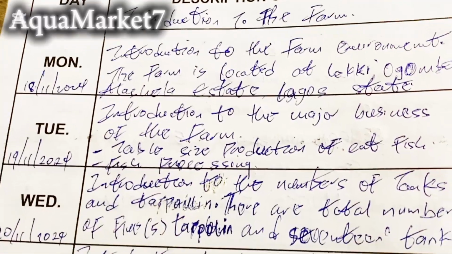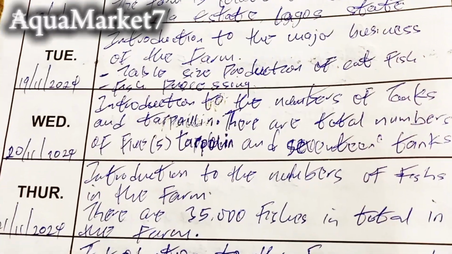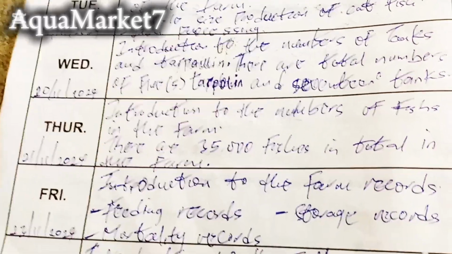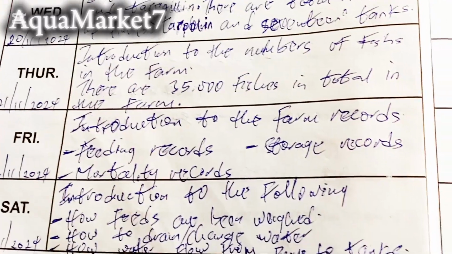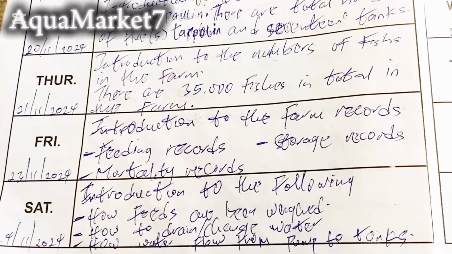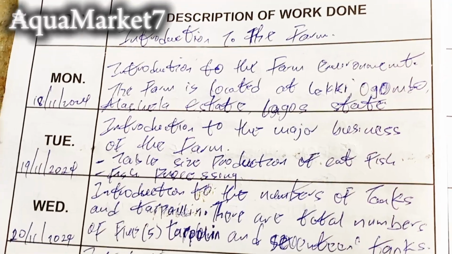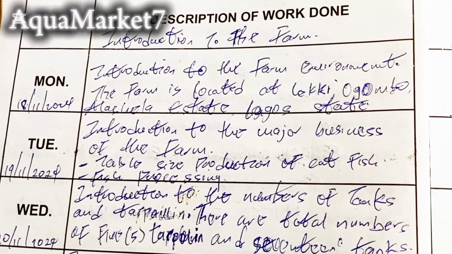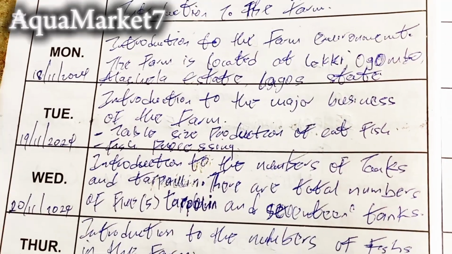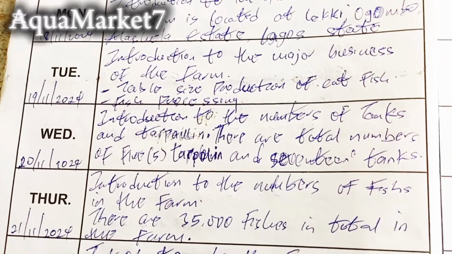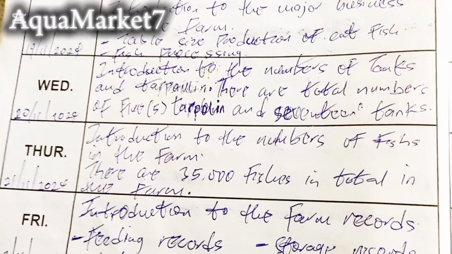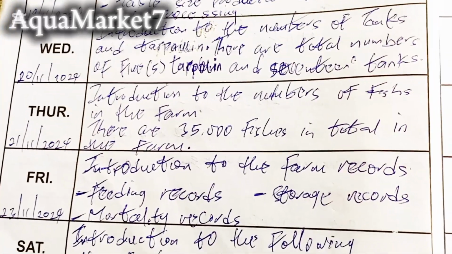For example, if you are doing your IT at a fish farming firm, or at a manufacturing firm, banking firm, try to point out the type of industry where you are doing your IT related to your course.